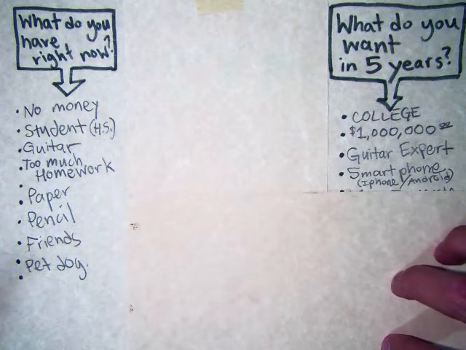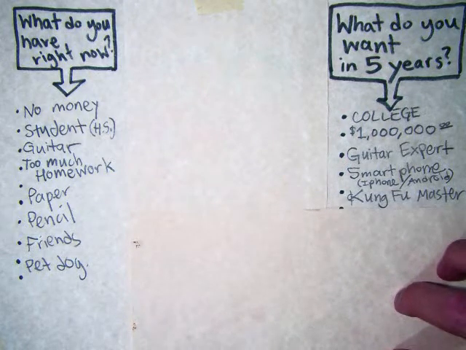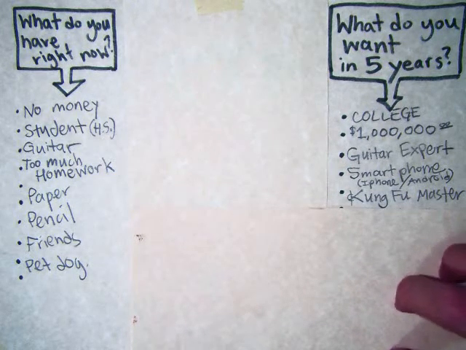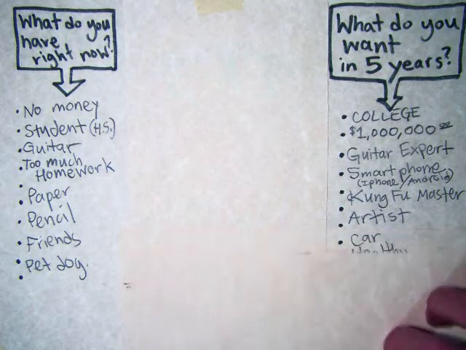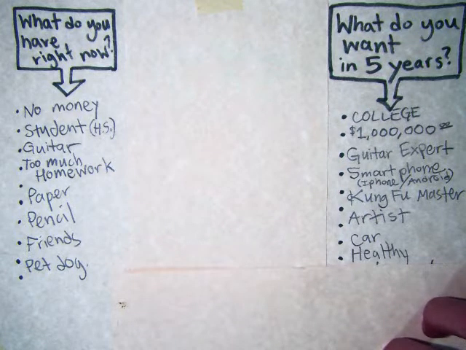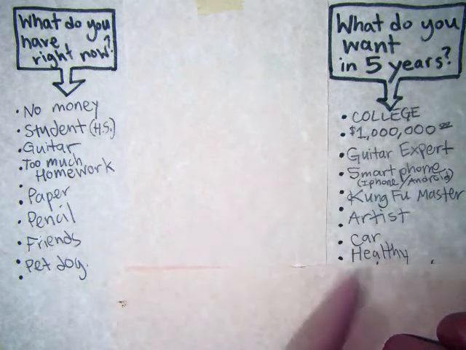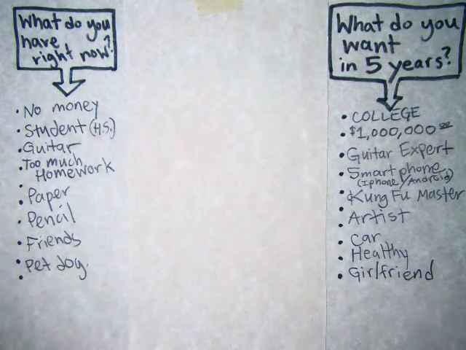A smartphone, iPhone or an Android, something for yourself. Who's never wanted to be a kung fu master? Artist, a car to get around, cruise. You want to be healthy, right? Can't enjoy any of this stuff if you're not healthy. Maybe you want a girlfriend or a relationship, something like that.